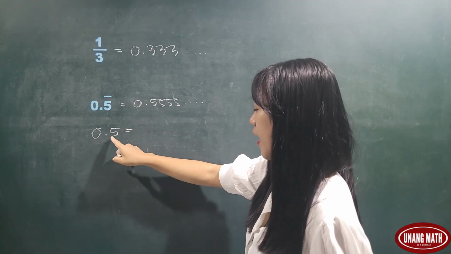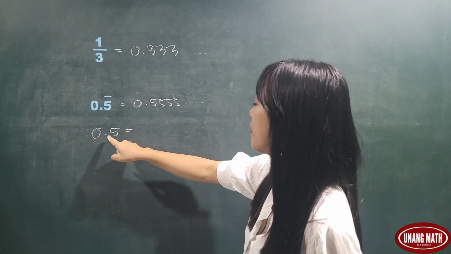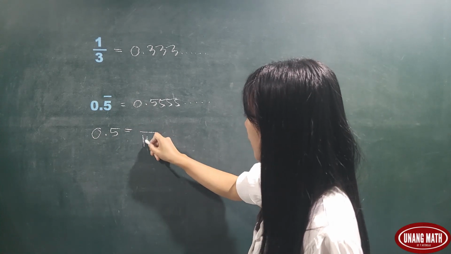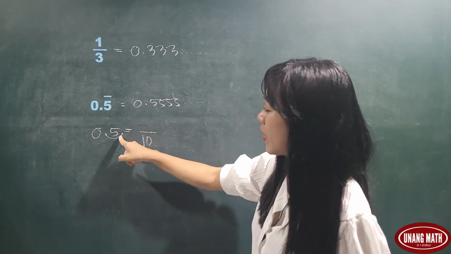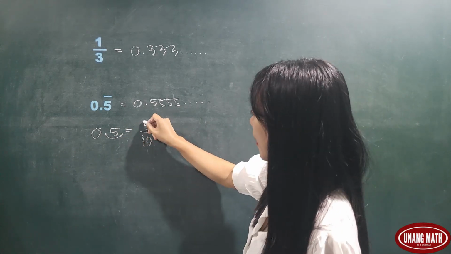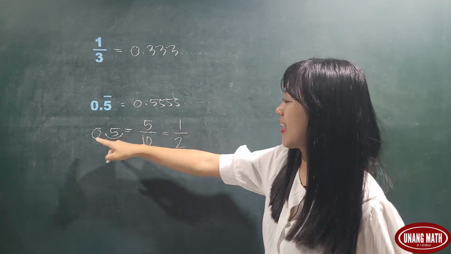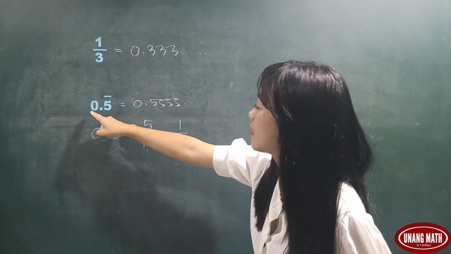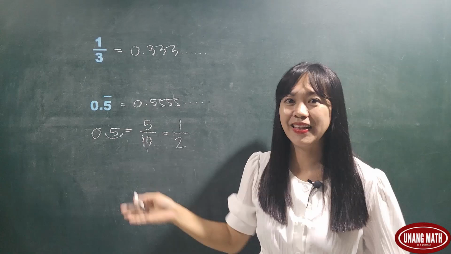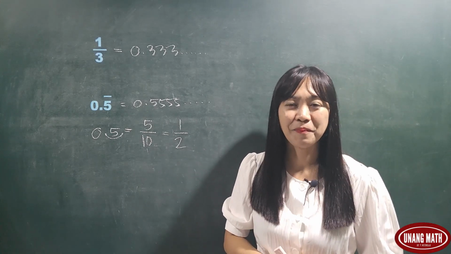So we just need to count how many digits to the right of the decimal point. Since we have 1, then denominator is 10. To get the numerator, move this decimal point 1 time to the right. So we have 5 over 10 or 1/2. That is for 0.5. What about for 0.5 repeating? So that will be the focus of this episode.